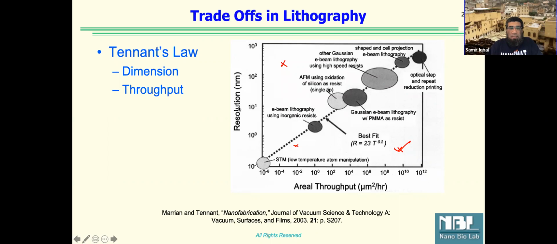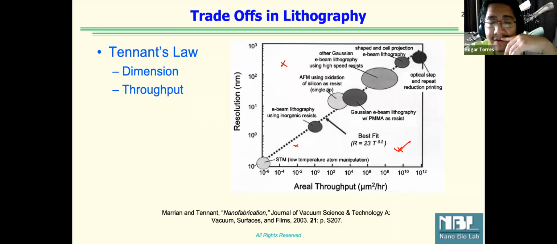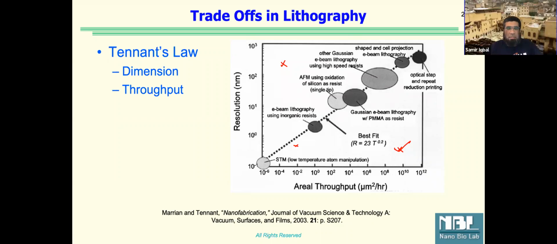So if you make the feature size smaller and smaller, throughput also goes smaller. Is that good or bad for the business? Bad, right? Now we have to spend more time in making the same chips. And this is essentially what has happened. If you look at the plot, it's showing a straight line that you were using optical step and repeat, and we kept on introducing newer technology to make things smaller.